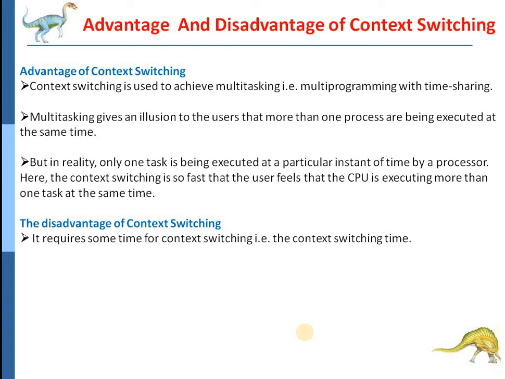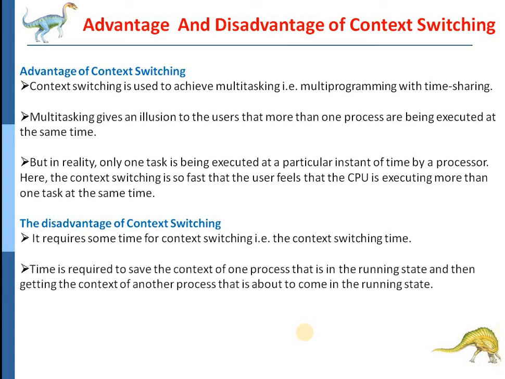When we switch, we store all the information of the switched out process and the switched in process, so it takes some time. Time is required to save the context of the process that is in the running state and then get the context of another process that is about to come into the running state.